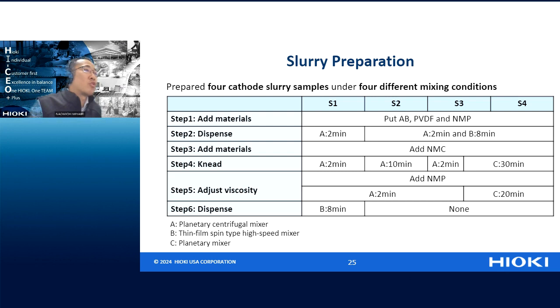C is a planetary mixer. After mixing materials, we added active material, then mixed again, and to adjust the viscosity, NP was added. And lastly, only for sample 1, we did additional mixing.